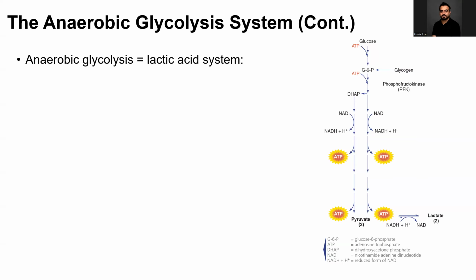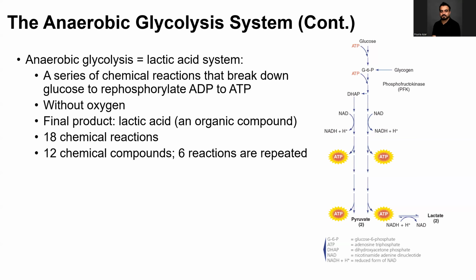So this is anaerobic glycolysis. It's also called the lactic acid system. So if you see this term in research articles or other textbooks, lactic acid system, that's another name for the anaerobic glycolysis energy system.